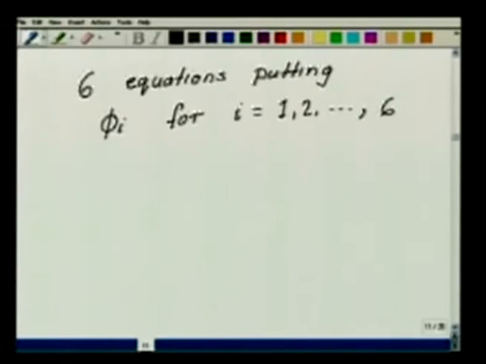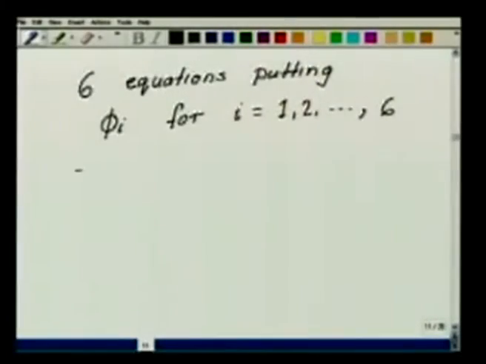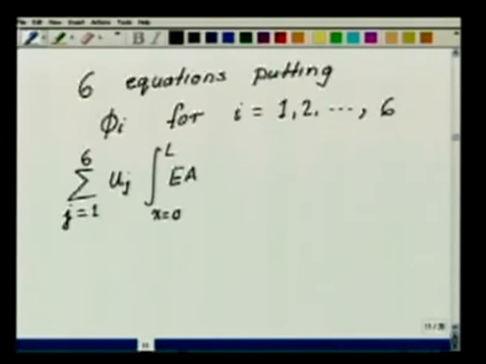Okay. Now let us further go and put the expression for u6 in our expressions for the equation corresponding to phi i. So if I put the expression for u6, I can write it like this. This will be, let's put it as, j is equal to 1 to 6, uj integral of x is equal to 0 to L EA phi j prime phi i prime.